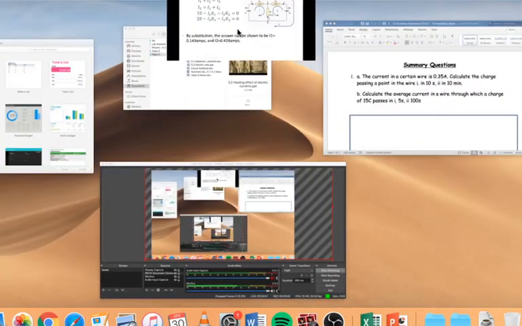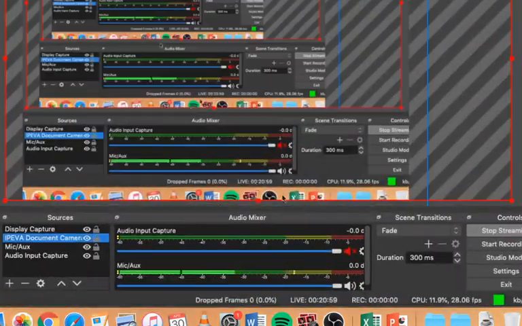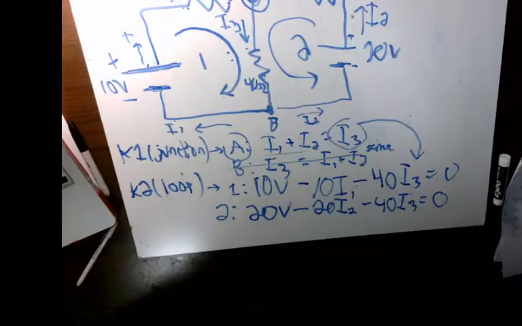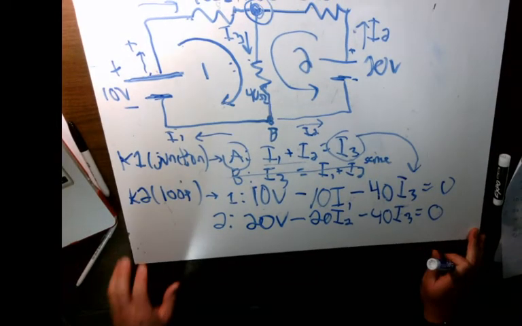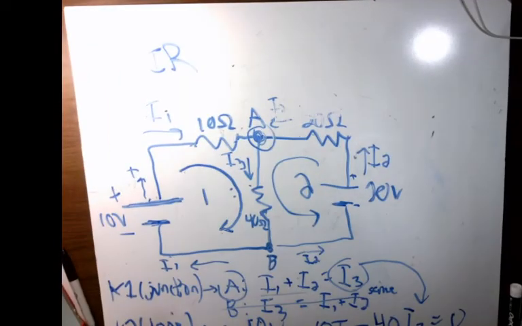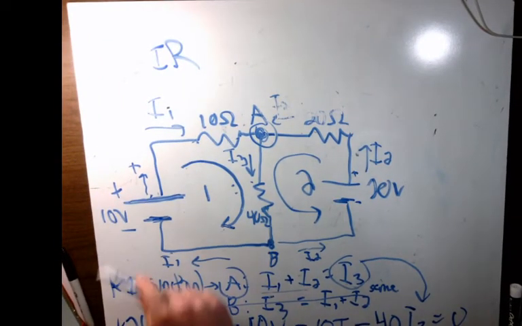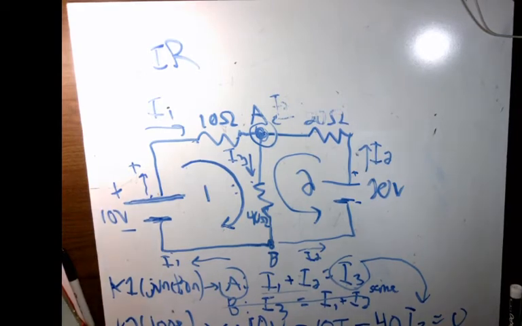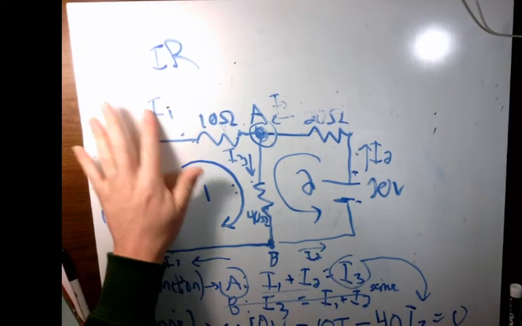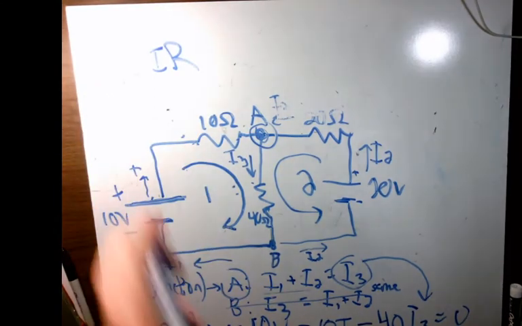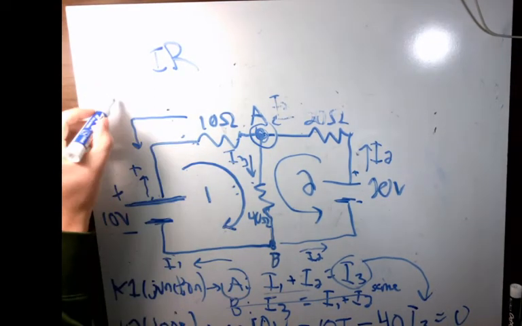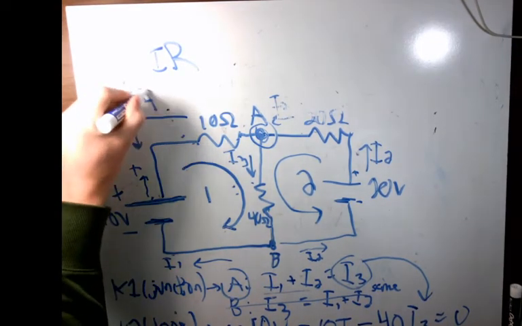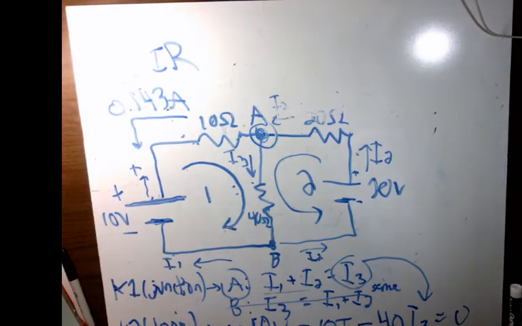Yikes. Sorry about the messy video. This is a tougher lesson for sure. So we got our I1 as negative 0.143 amps. So in actuality, I1, this current in this branch, would be in that direction, right?